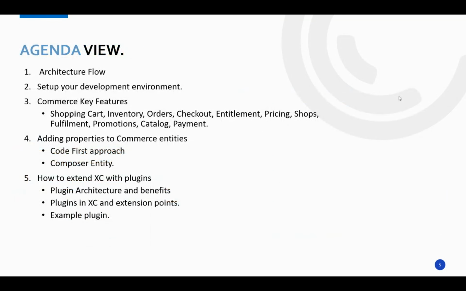Let's start our main agenda for today. We'll discuss the high level architecture of Solr and Sitecore Commerce. The second point is just the development environment setup, and I won't take much time on it. I will give a reference for how quickly you can set up your machines for Commerce. We'll discuss at a high level the Commerce key features: shopping cart, inventory, order, checkouts, entitlement, pricing, shops, fulfillment, promotions, catalog, and payment.